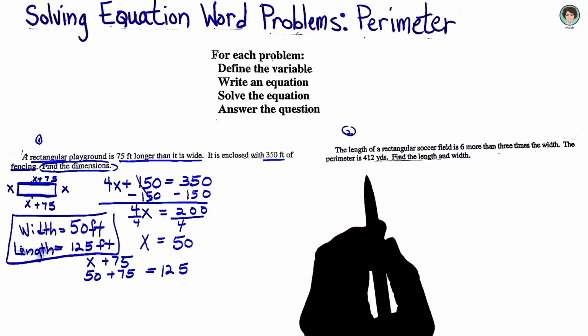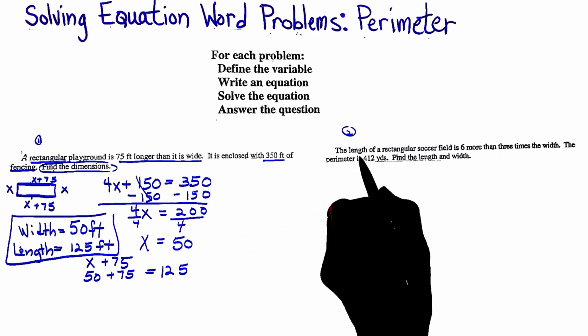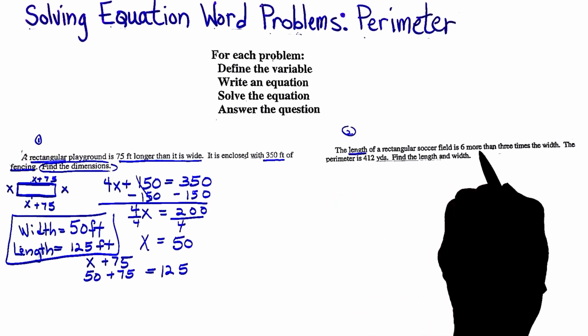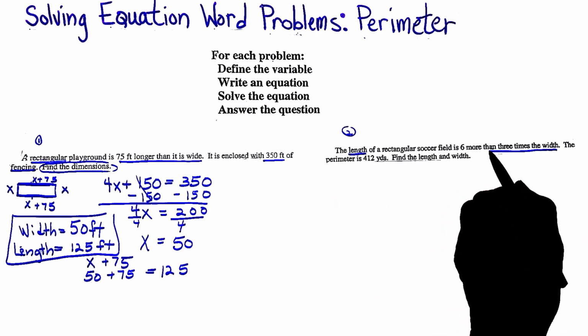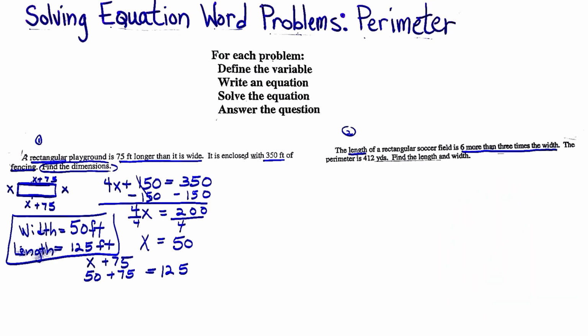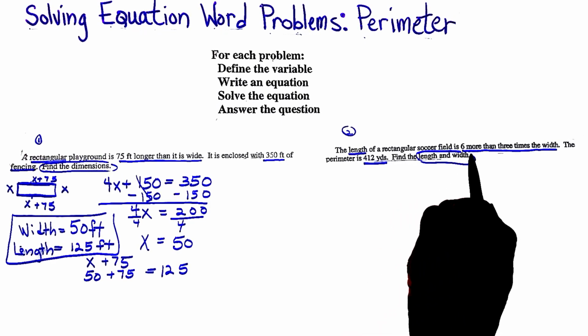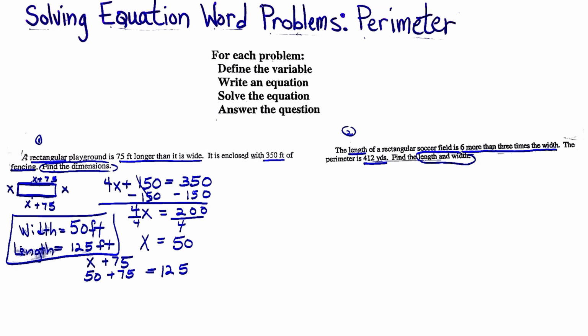So looking at this, let's mark the text. The length of the soccer field is 6 more than 3 times the width. The perimeter is 412 yards. So they want us to find, again, the length and the width. When they say find the dimensions, this is also finding the length and the width.